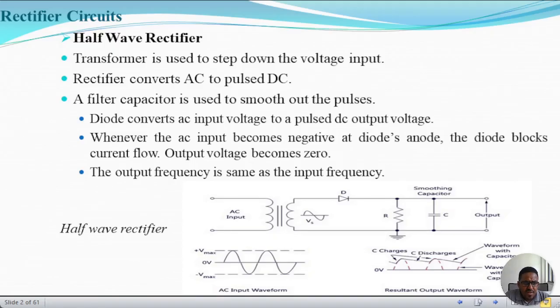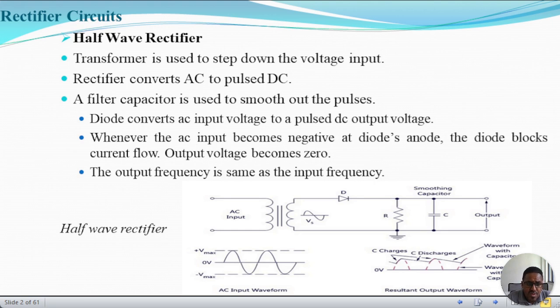In the half wave rectifier, a transformer is used to step down the input voltage. The rectifier converts to pulsating DC; it needs one diode in the half wave rectifier. A filter capacitor is used to smooth out the pulses. The diode converts the AC input voltage to a pulsed DC output voltage.